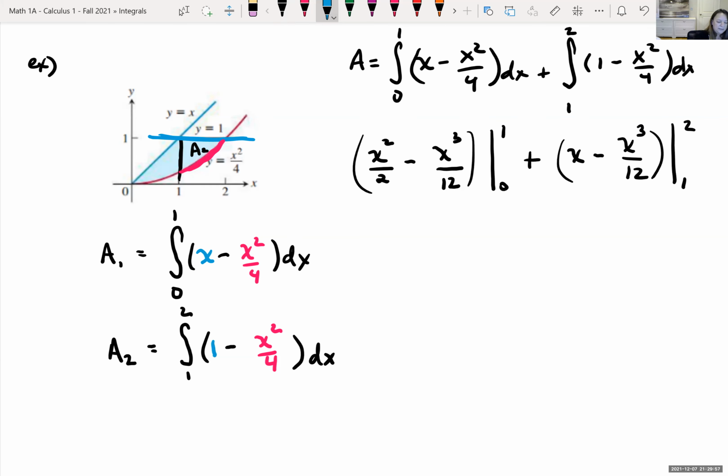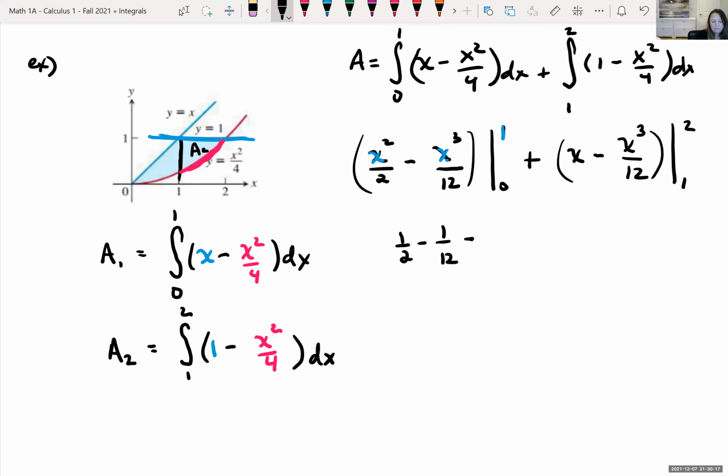So always plugging in the upper bound first. And so if we plug in 1 wherever we see an x in the antiderivative for that first integral, we're going to get 1 squared over 2, which is 1/2, minus 1 cubed over 12, which is 1/12.